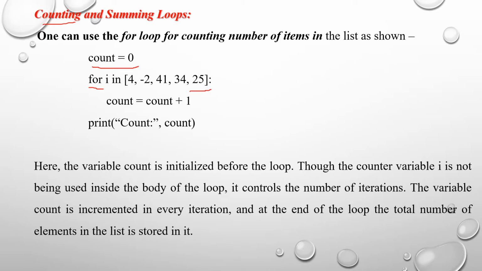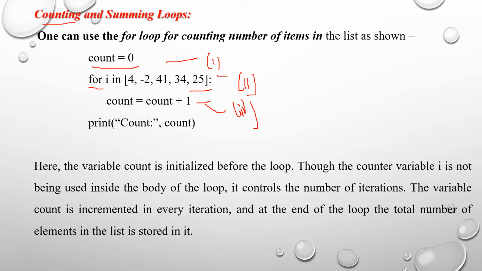This is the computation. After that we update the values. Here count is equal to count plus 1. This is the first procedure, this is the second procedure and this is the third looping procedure. After that we declare one print statement.